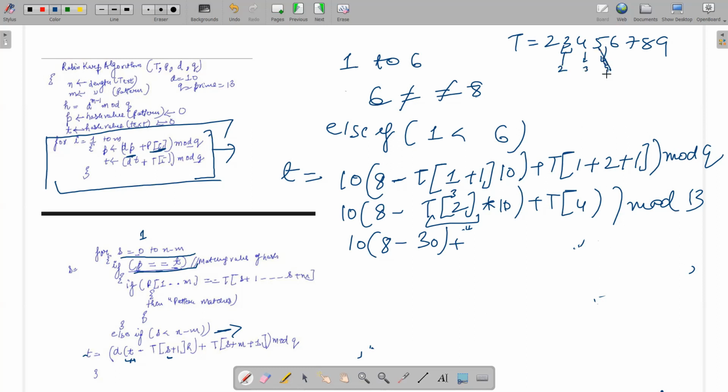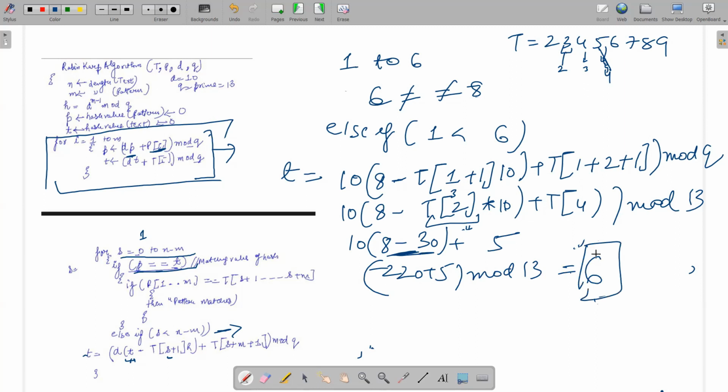So this is plus 5. I'm writing this as 10 minus 22, that is minus 220 plus 5, and this is entirely modulus with 13. Minus 215 modulus 13. If you try to do this, your answer would turn out to be, I guess, 6.